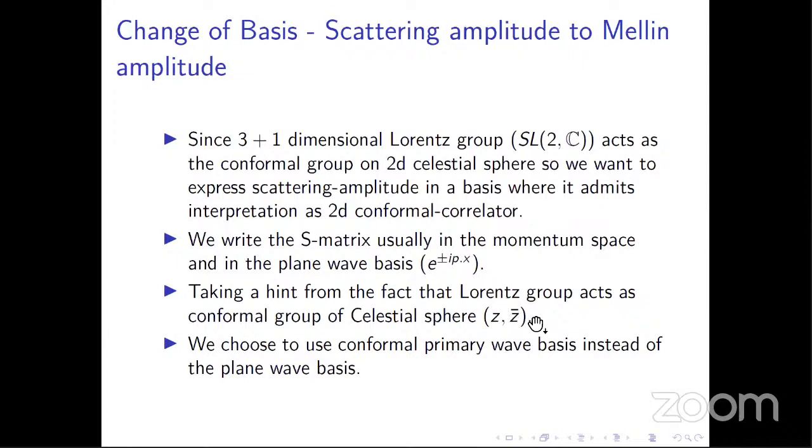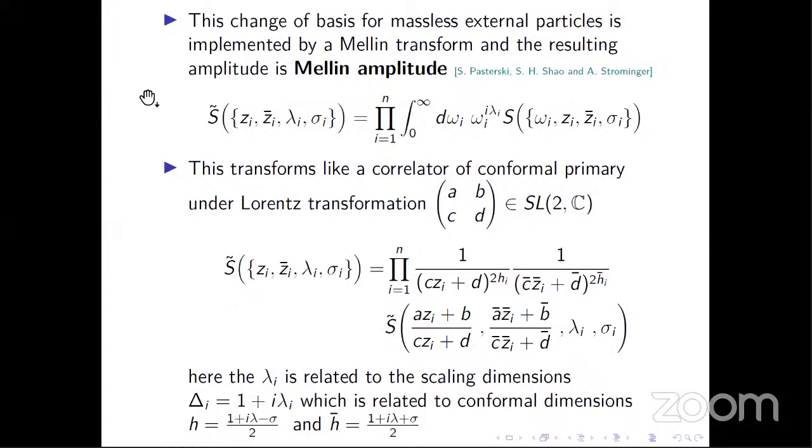Now, since we want it to be represented as a 2D conformal correlator, we choose a conformal primary basis instead of the plane wave basis. Now this change of basis from the plane wave to conformal primary wave is implemented by this Mellin transformation.